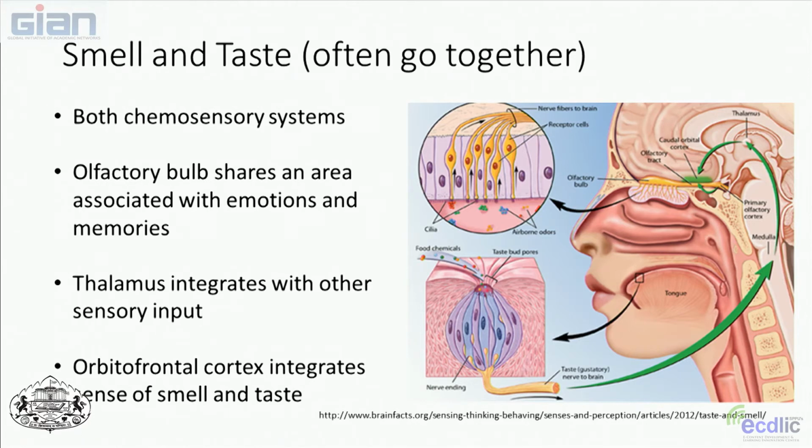We saw that part of our smell system goes right into the orbital frontal cortex, which again is at the bottom of the prefrontal cortex here. These areas go together in helping us put together smell and taste. So you really can see how everything is very integrated in the brain, and how none of these sensations exist uniquely.